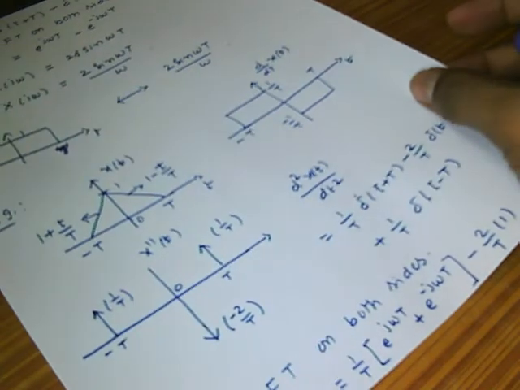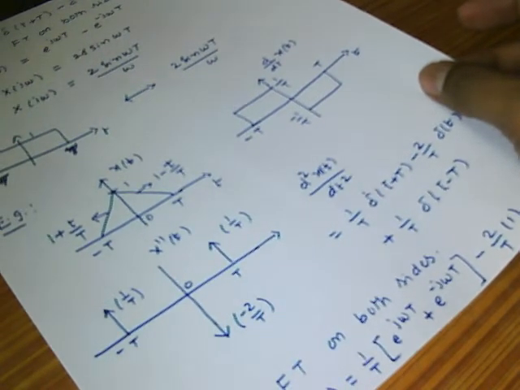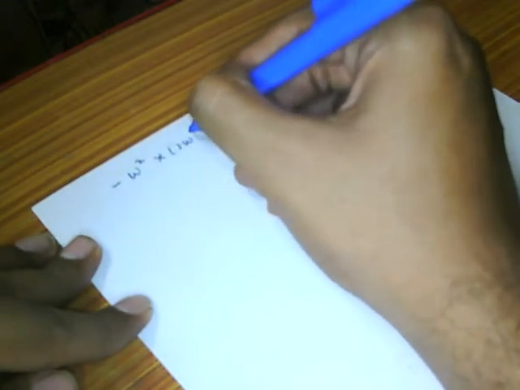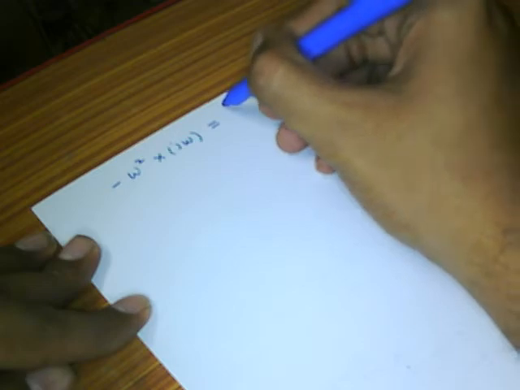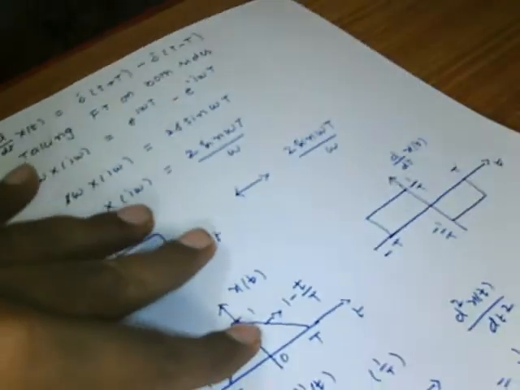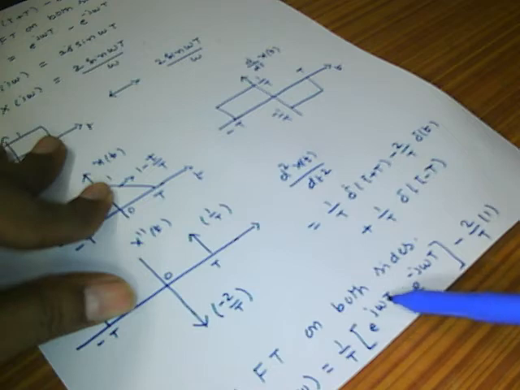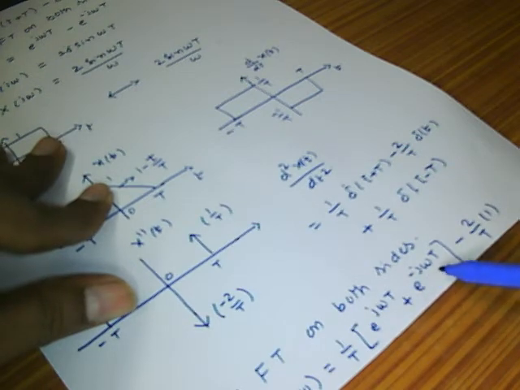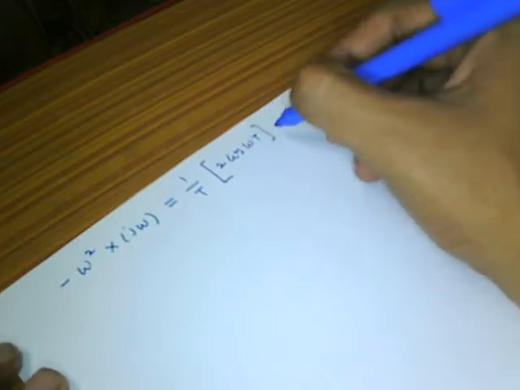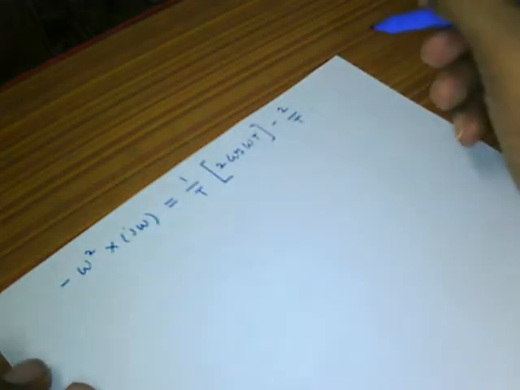Let us simplify this. The left hand side will become minus omega square into X of j omega, which will be equal to 1 by T into 2 cos omega T, so I will get 2 cos omega T minus 2 by T. What will happen to the right hand side?